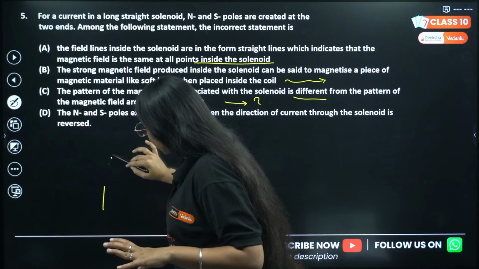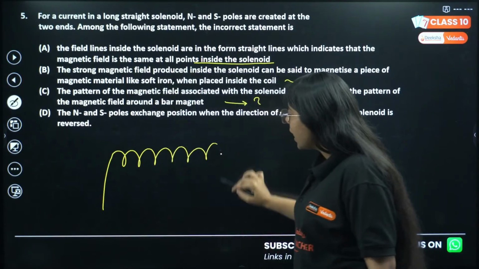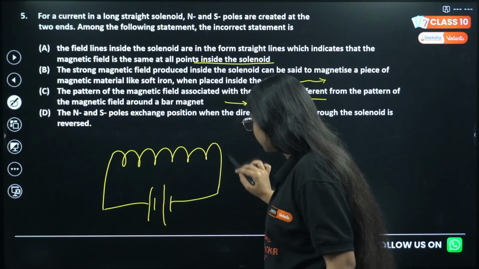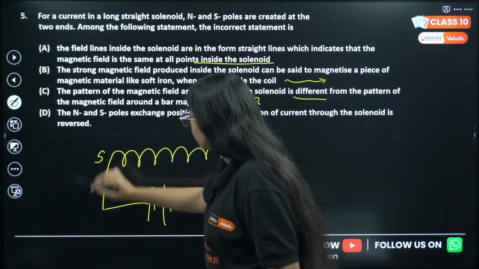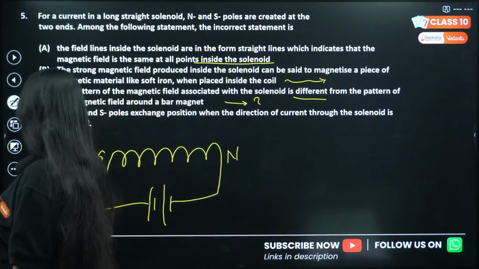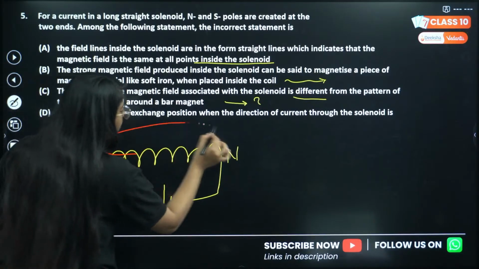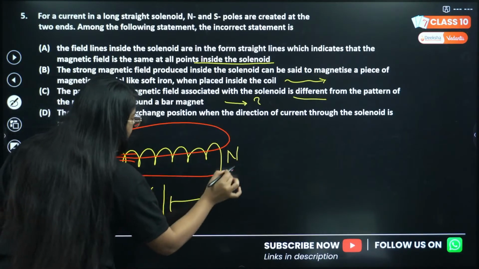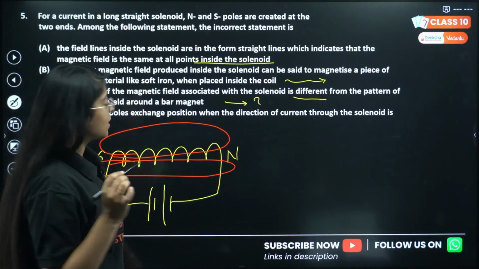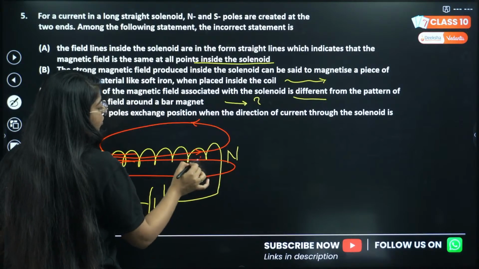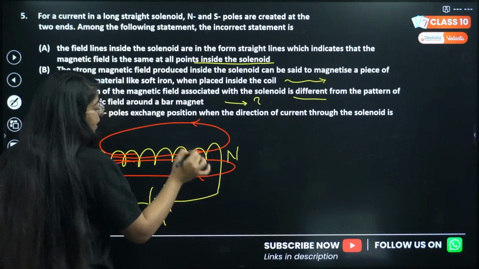Now this is my solenoid, correct, and the kind of magnetic field lines that are produced in it will be what? We know they are closed loops, something like this, and this resembles what? They go from north to south outside, south to north inside.